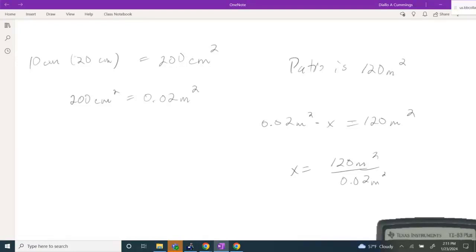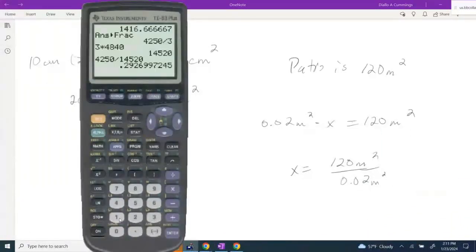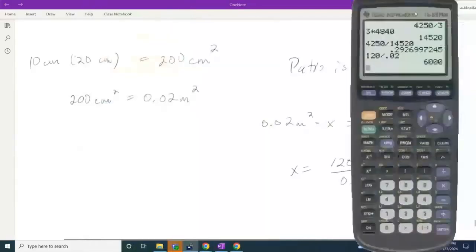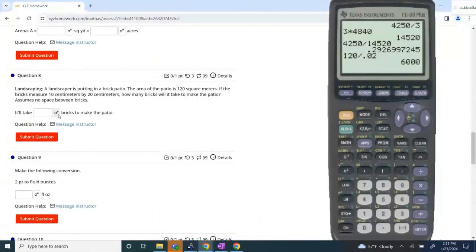Once you do that, 120 divided by 0.02 gives you 6,000. So for my particular example, it takes 6,000 bricks of 20 by 10 centimeters to brick a patio that's 120 square meters. So this one should be 6,000.